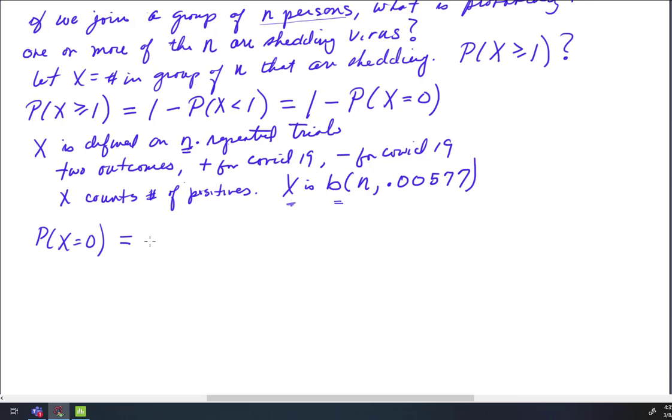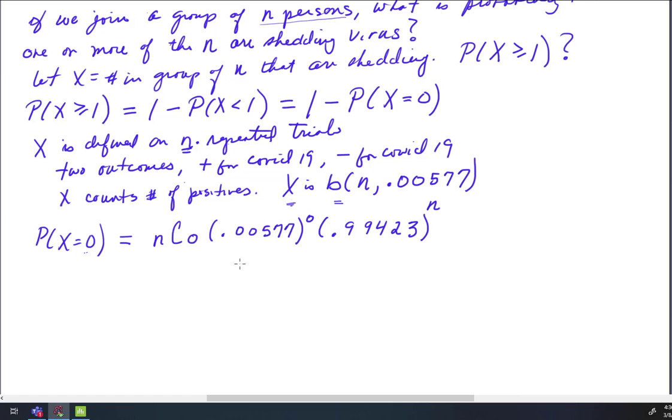Now, the probability that X is equal to 0, using the probability function that I've defined for you in a previous video, or that you can find in your book, would be n choose 0, p to the 0, where p is 0.00577, and then q would be 1 minus p, and so q would be 0.99423, and that would have to be raised to the power n.